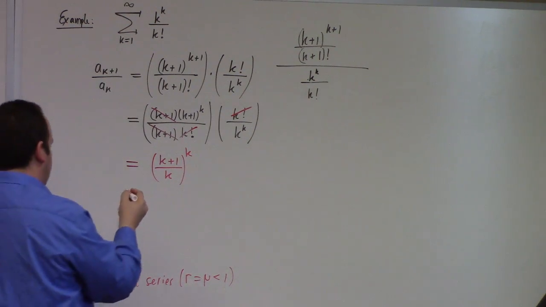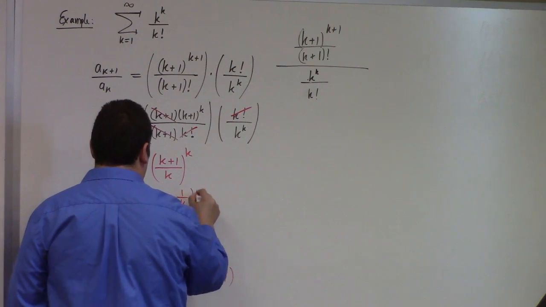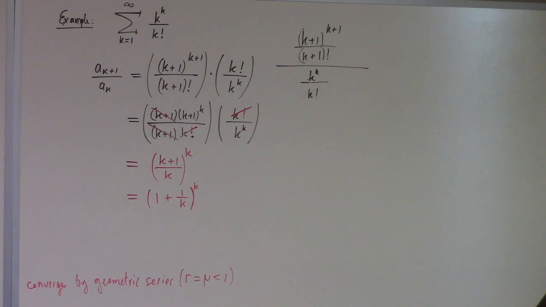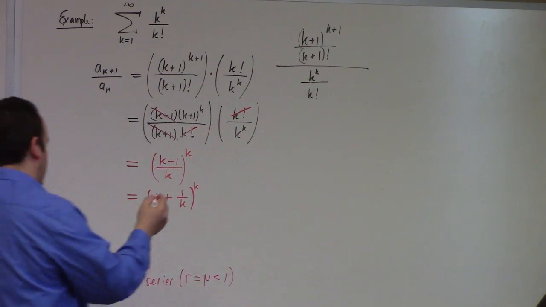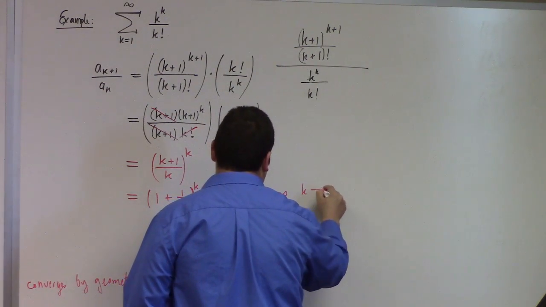And we can rewrite that. That's actually 1 plus 1 over k to the kth power. Well, hey, that's the exponential function evaluated at x equals 1. We've proved before that this goes to the value e as k goes to infinity.